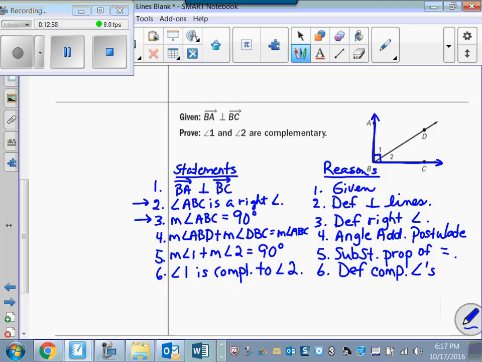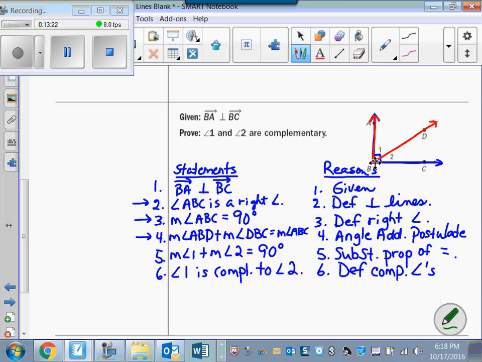Okay, and now that I've got an equality statement here, I can say that the measure of angle ABD, and here it is, that's actually angle 1, and it would be okay if you just wrote the measure of angle 1 at this point, but it didn't really occur to me till I had already written this down.